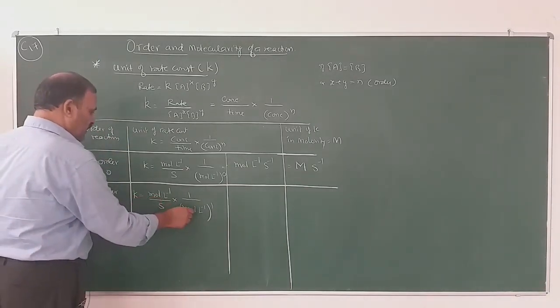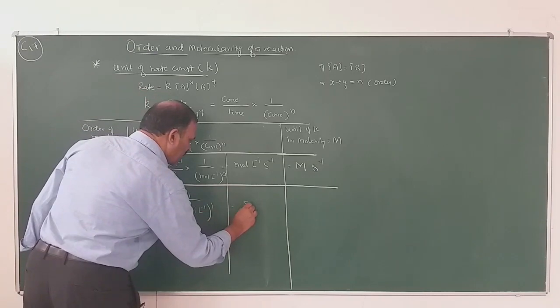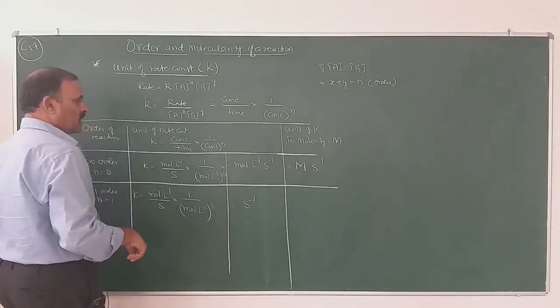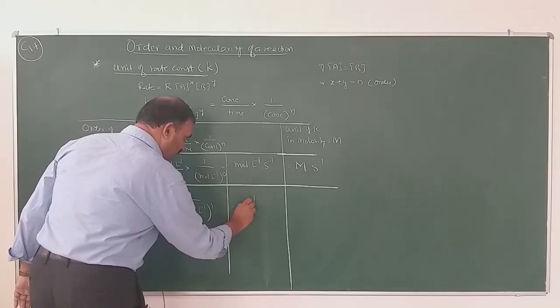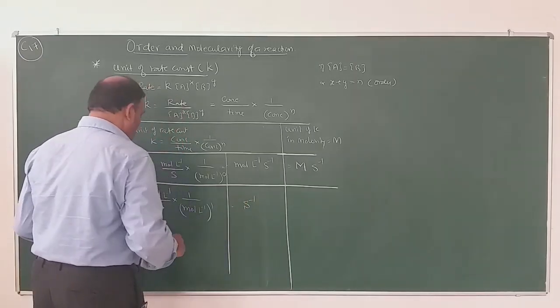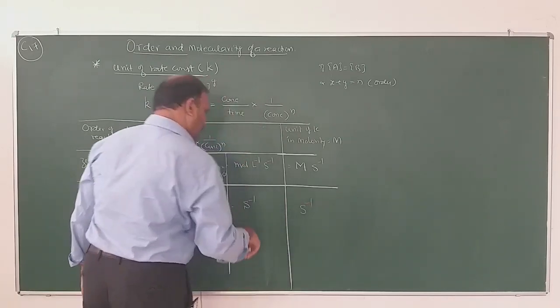So this one gets cancelled. Then what is the unit? Second minus 1. So if the unit of rate constant of a reaction is second minus 1, the order of the reaction is 1. So second minus 1.